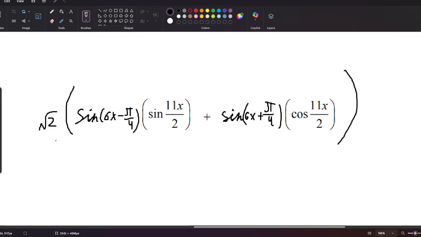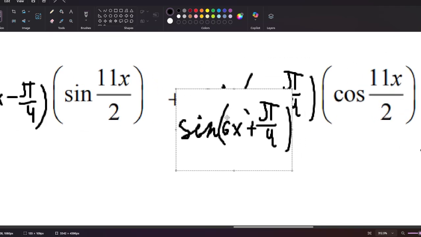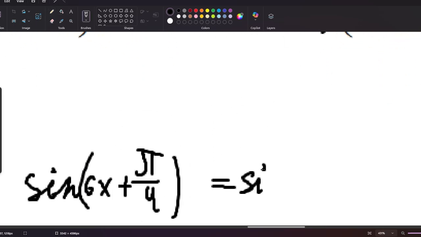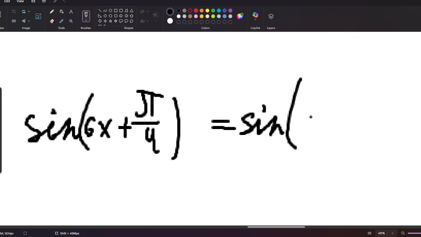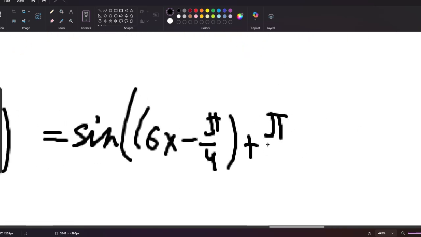Now, again, this most likely closely reminds you of the sine or cosine sum formula, as this is essentially just sine of 6x minus pi over 4 plus pi over 2.